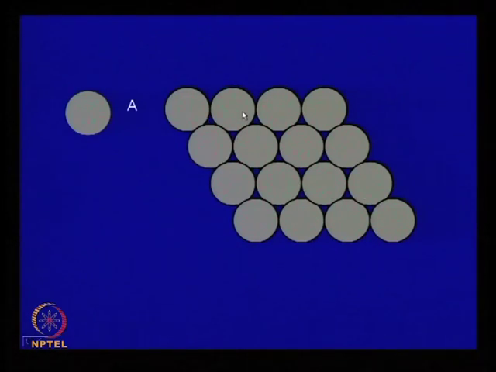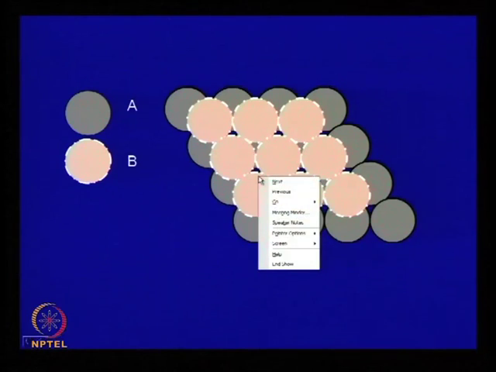All these atoms are closely packed; this is a 1 1 1 plane and these directions are 1 1 0 directions, the face diagonal directions.